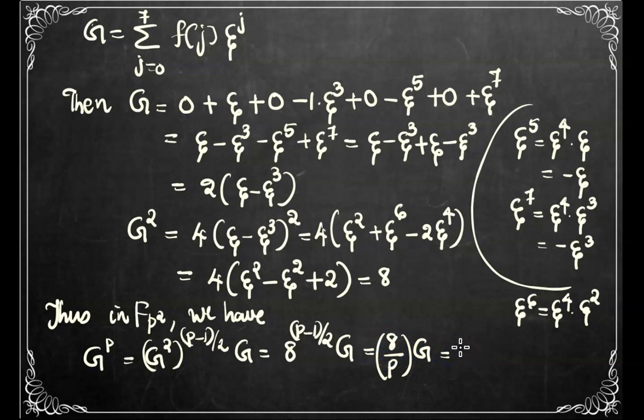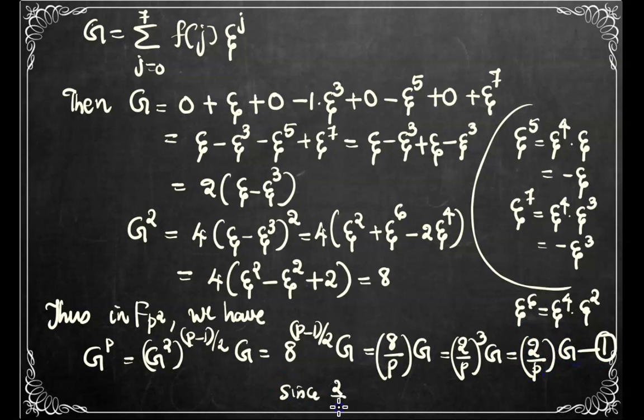So it can be expressed as Legendre symbol 2 by P cube into G, which can be expressed as 2 by P into G. Since 2 by P square will be equal to the square of either plus or minus 1, which will be equal to plus 1.